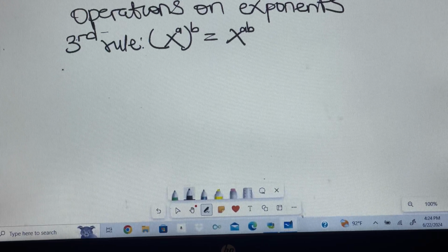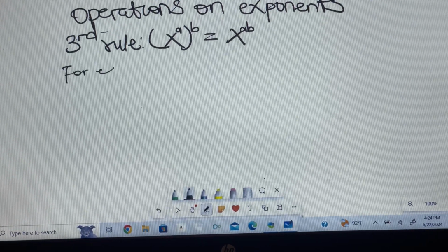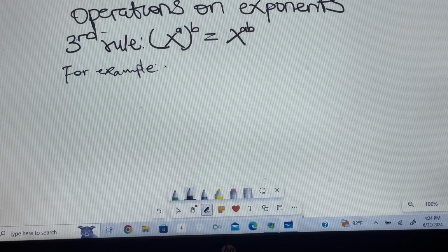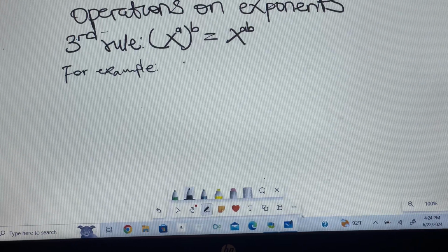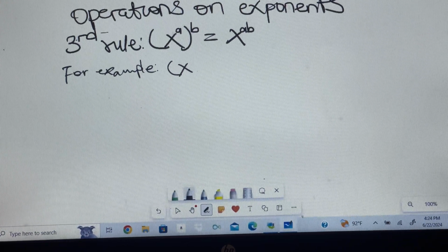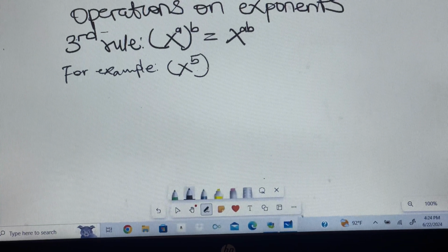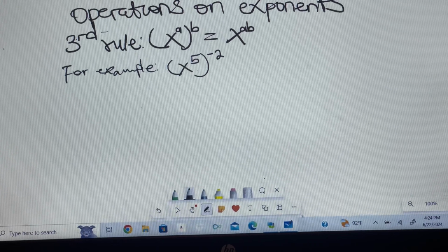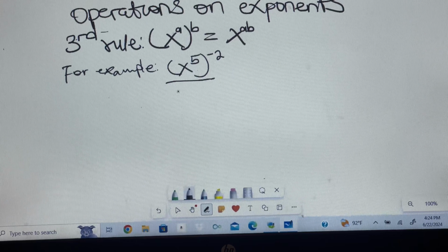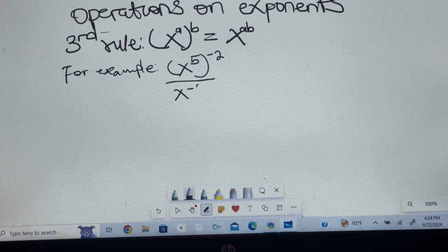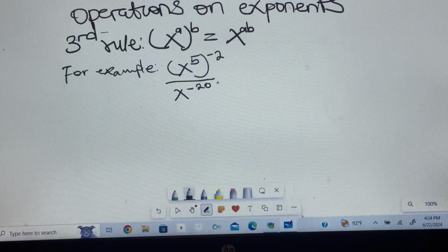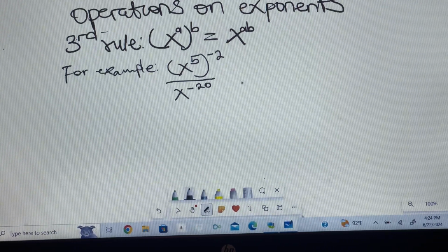For example, if you're given x to the power of 5, raised to the power of negative 2, over x to the power of negative 20, what you do is to multiply the exponents.